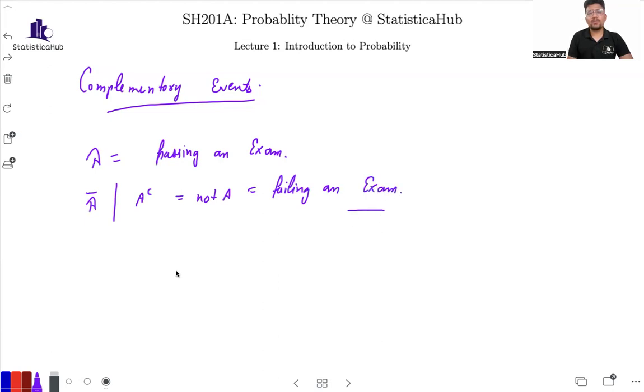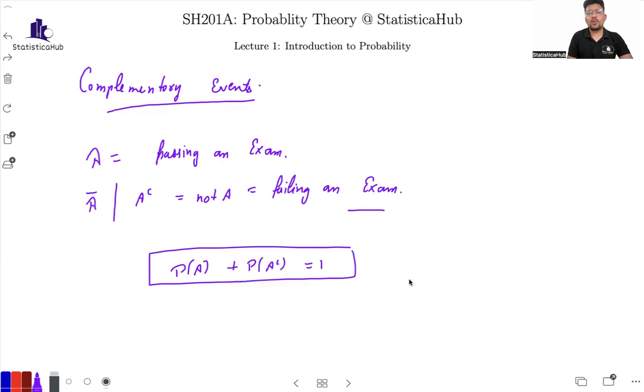And we have the concept that probability of A plus probability of A complement will come out to be 1. That is the rule between the complementary events. So you have to understand the meaning of complementary events. Okay, these are the basic concepts about probability, the introduction to probability.